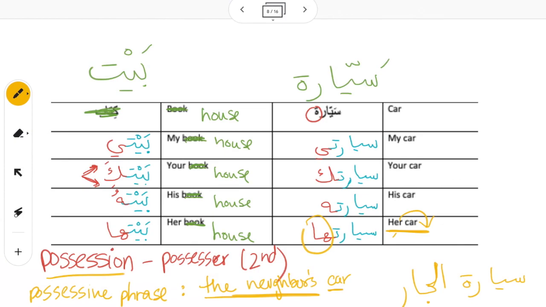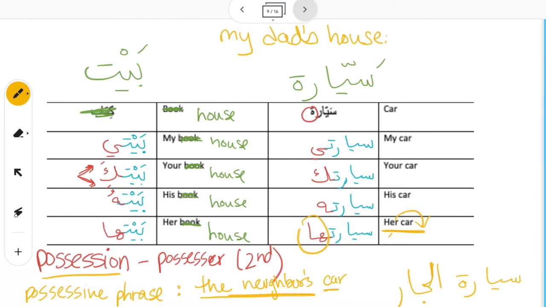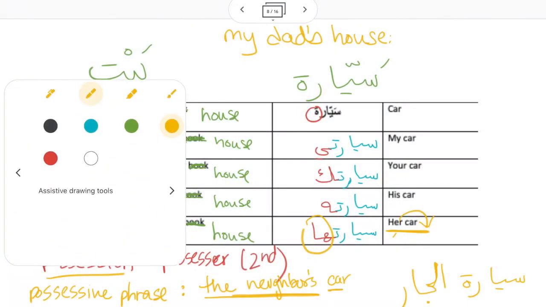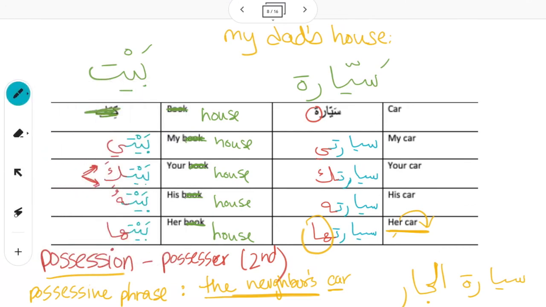So why don't you do the same thing? I'll put it up here. Make it a little bit longer. My dad's house. Go ahead, pause, and then come back. Okay, so the word house comes first because that's the noun.